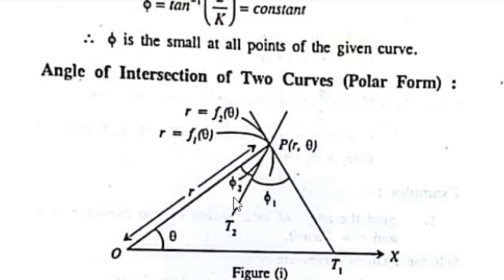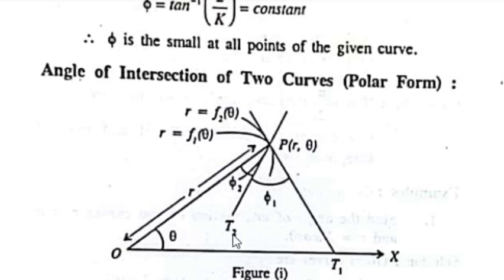So this is phi 2 and this is phi 1. There are two curves, r is equal to f1 of theta and r is equal to f2 of theta.